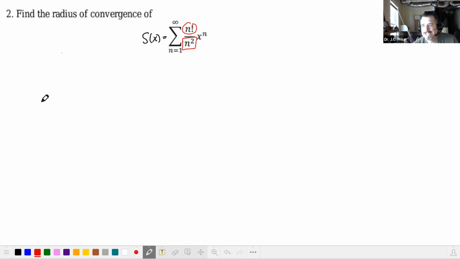So what's the idea? How do we find that radius of convergence? Well, I'm going to use the ratio test. Right, this will tell me where this thing is going to converge and diverge. And so for the ratio test, I have to identify my a sub n's. So my terms are just n factorial over n squared times x to the n.